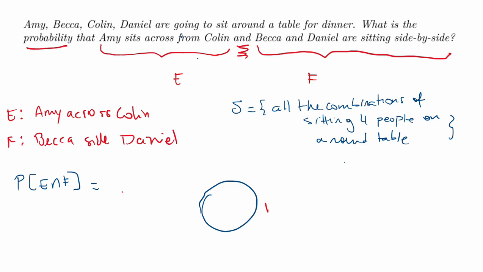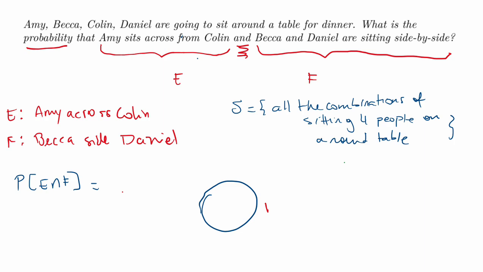So I am asking for the probability of both things happening together. We still don't know how to calculate probabilities, right? But before calculating the intersection, we have to check if it's possible for these events to happen at the same time, okay?